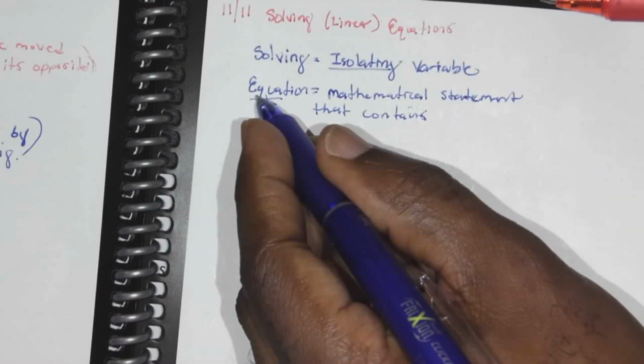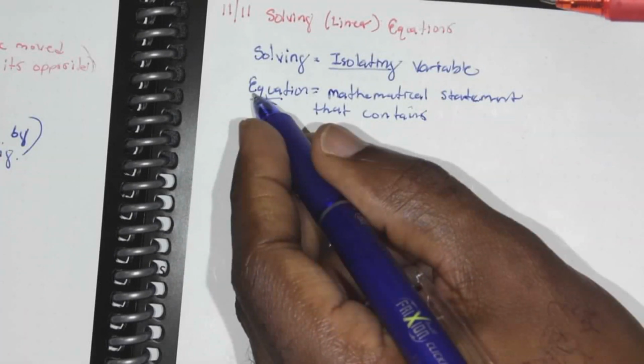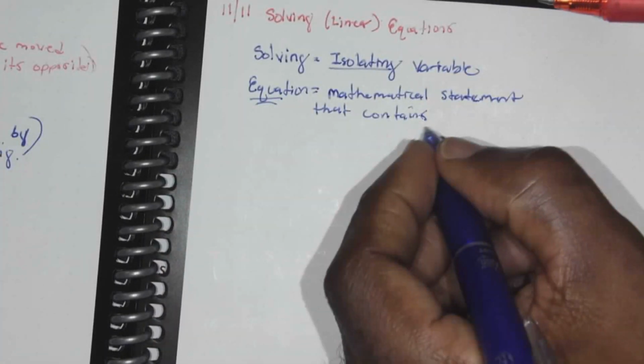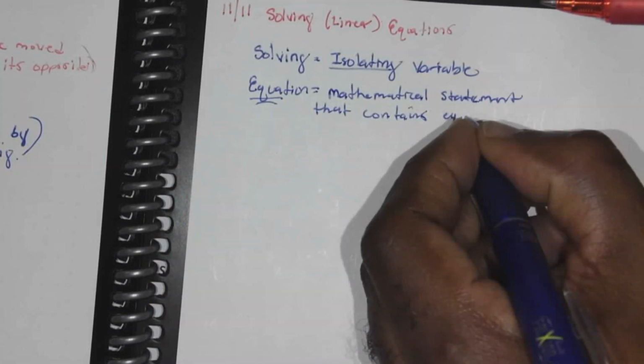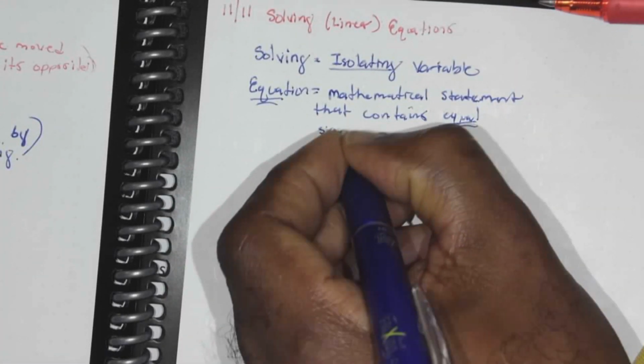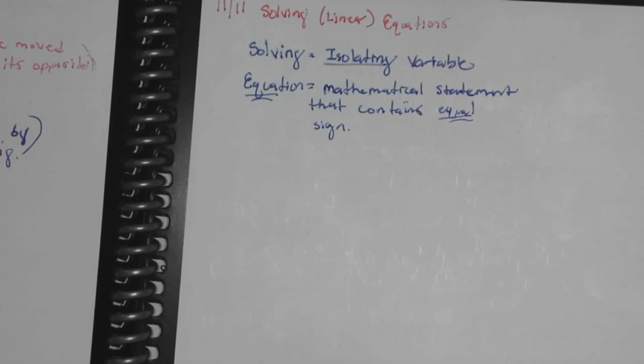Anybody can say that word? No, that first part right there. Say it. There you go. Contains an equal sign. Good. All right. So, for what we're doing, solving only pertains to stuff that you have an equal sign in.